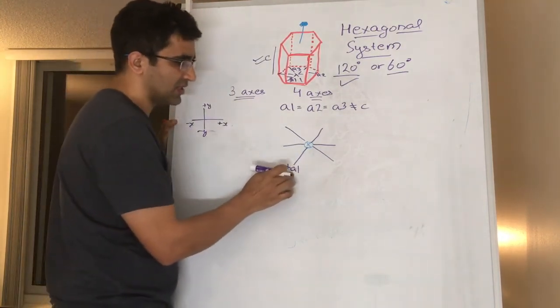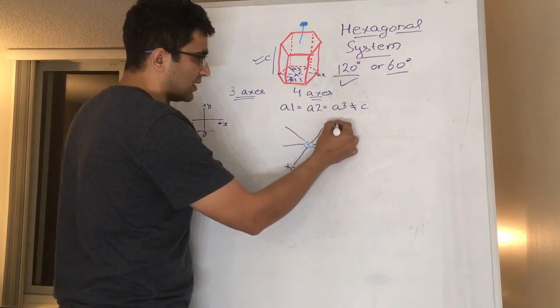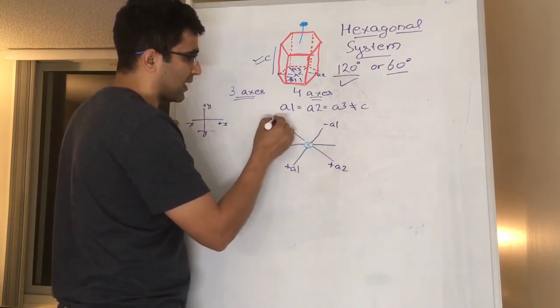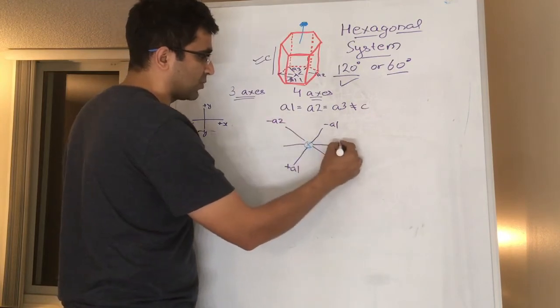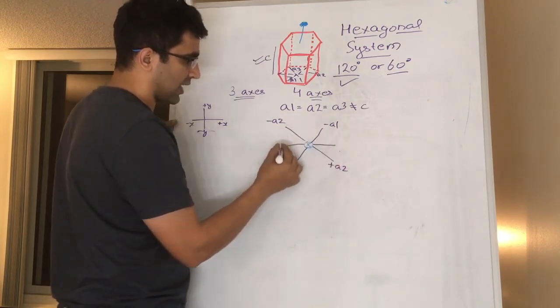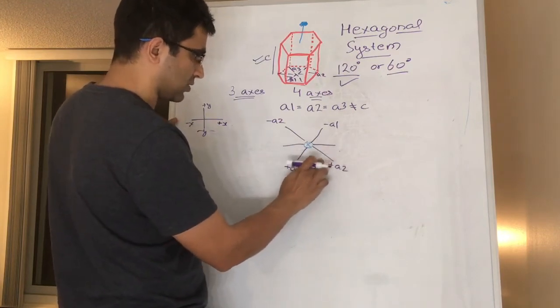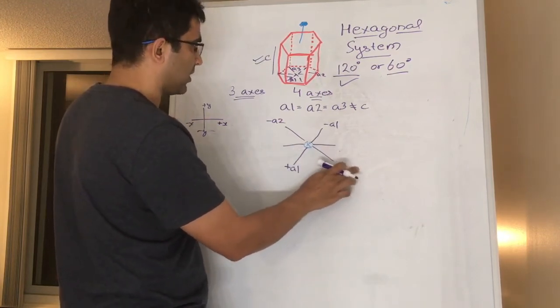Here, for example, if this is plus a1, this becomes minus a1. If this is positive a2, this becomes the negative a2 direction. Actually this will not be plus a2.